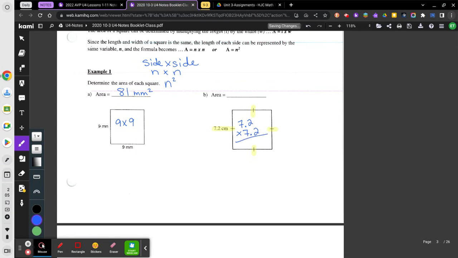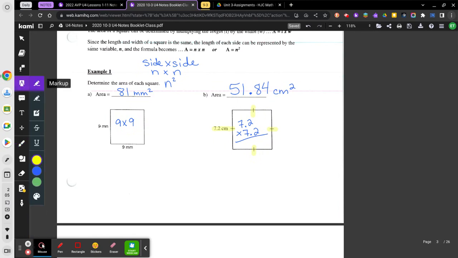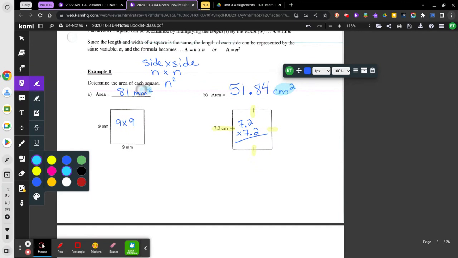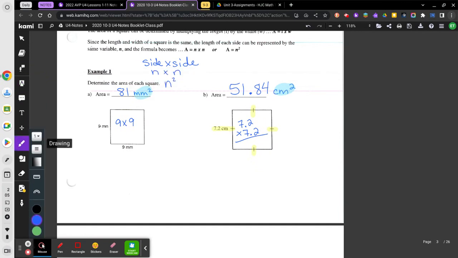And we're going to get 51.84 centimeters squared. So on these ones, it does matter when you put your units, because I will be looking for the squared part on your unit. So this part now does matter, okay? Whereas before, I didn't really care if you put your units. Now it's going to be important to include your units every time.